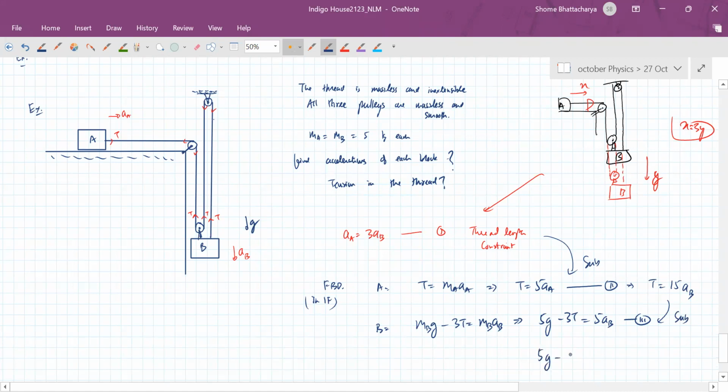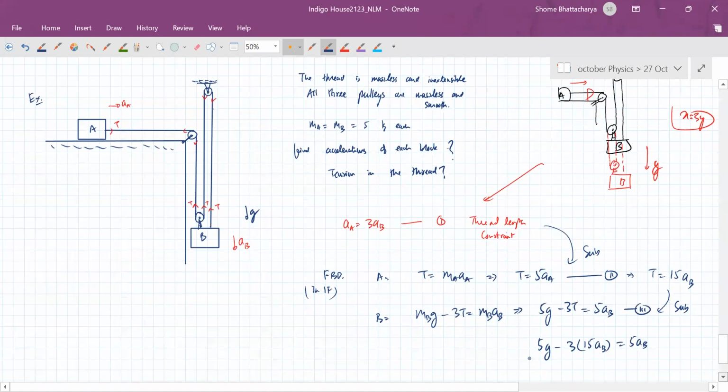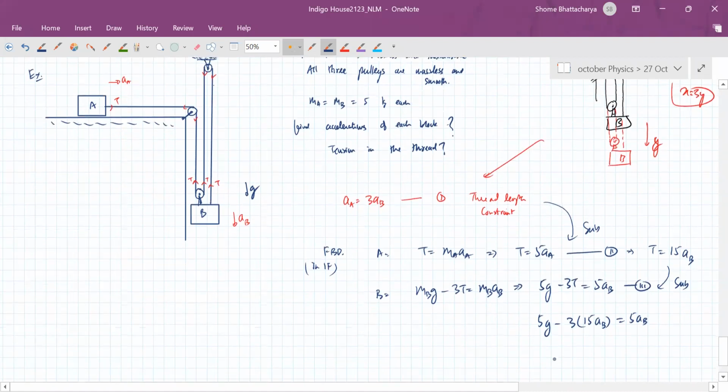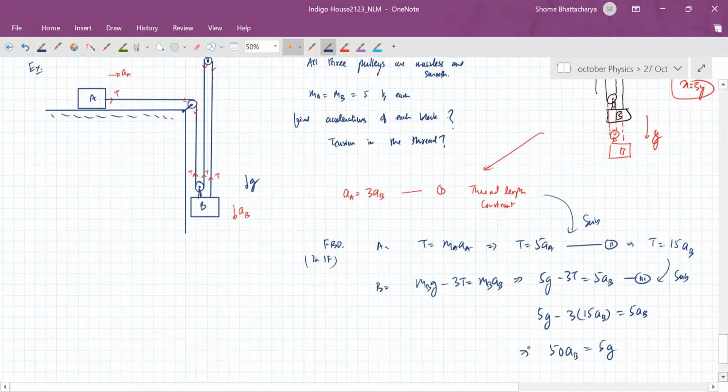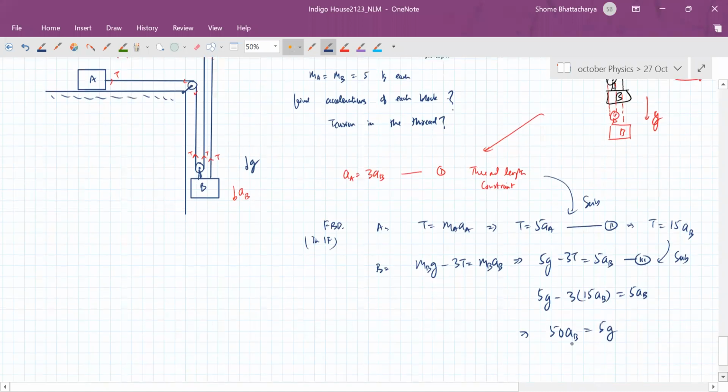So 5G minus this. Okay. So we get 45 plus 5 times acceleration of B is equal to 5G... So I'm getting acceleration of B as G by 10.